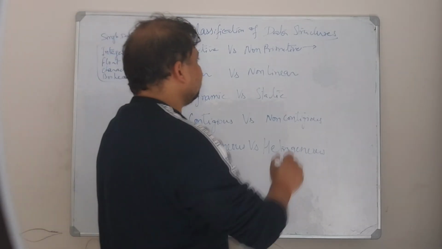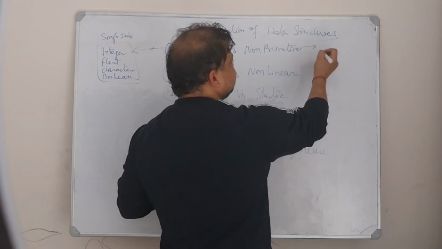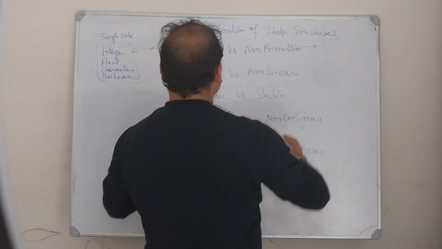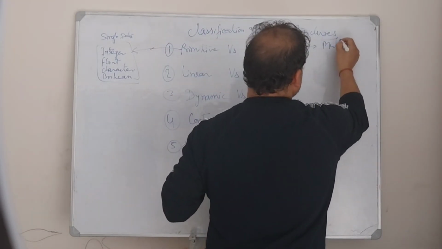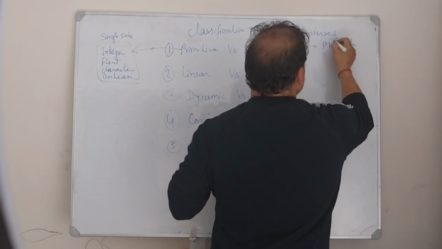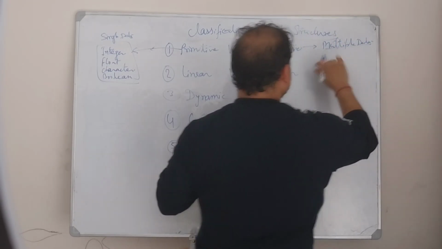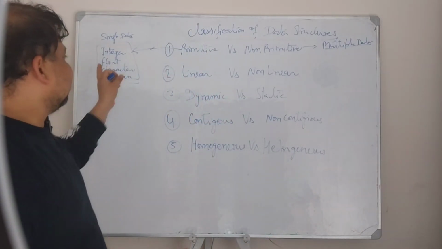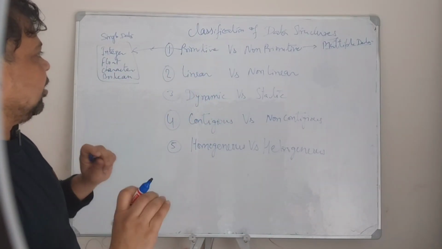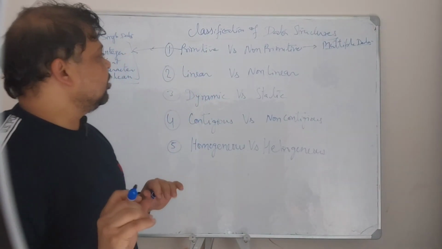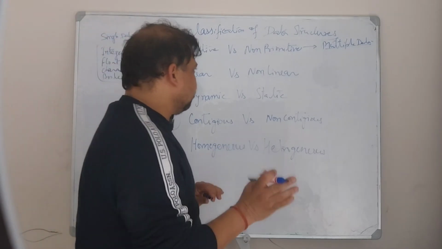If I'm talking about the non-primitive data structure, that is handling multiple data, not a single data. It is dealing with not only a single data, but more than one data.